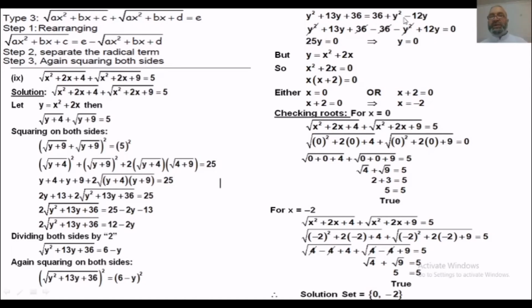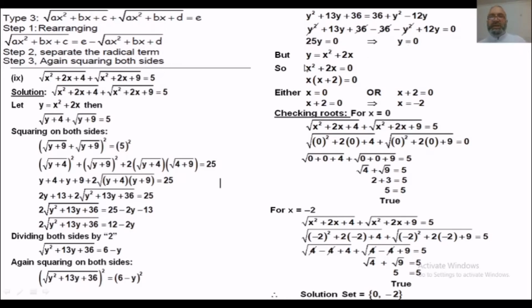Simplifying, y square and minus y square cancel, 13y plus 12y becomes 25y, and minus 36 plus 36 cancel each other. So 25y is equal to 0. Divide both sides by 25, we get y is equal to 0.